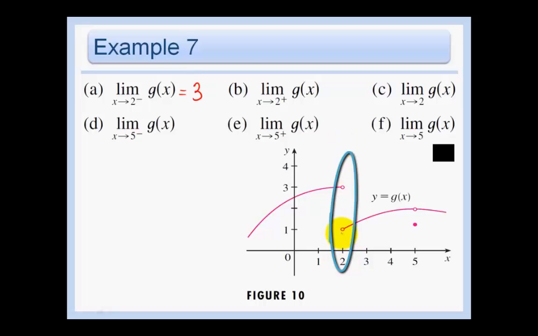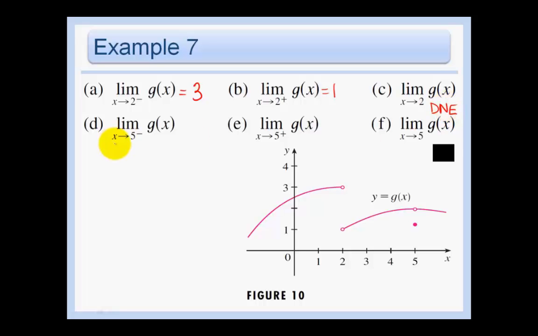That doesn't matter here. What is the limit as x approaches 2 from the right? From the right-hand side, as we get close to 2, we're getting close to the value 1. So what is the limit as x approaches 2? Well, since the left limit does not equal the right limit, we say this does not exist.